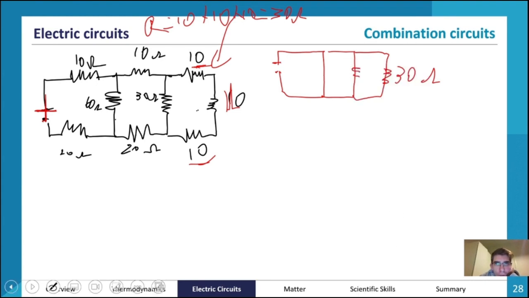So it's like having 30 ohms attached here, and then you have 30 ohms right here. You have another 10 here, another 10 here. You have 60 here. We have another 10 ohm here, and another 20 ohm here.